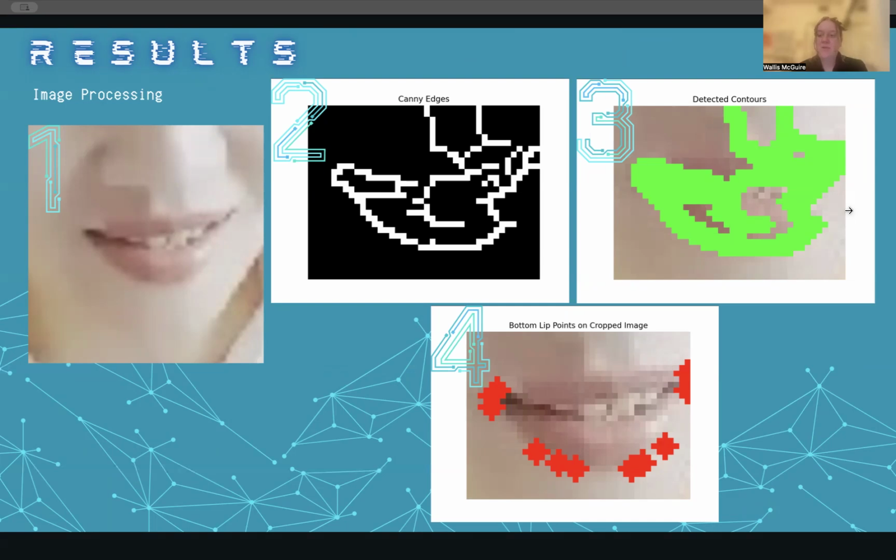So then in the fourth image, we actually have to take points that we can fit the cubic splines to. And all of those red points, this image is rather small, so I had to blow it up, but there's about 10 or 11 points there that will be able to fit the cubic spline. As you can see, it does relatively well at mapping out that bottom lip.